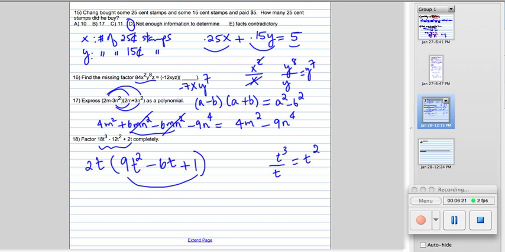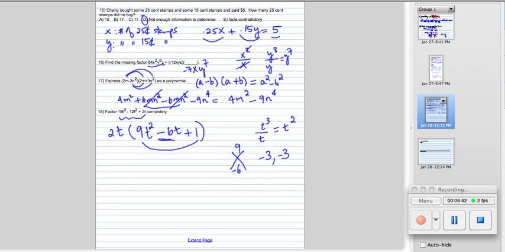So we do 9 times 1, that's 9. And then we are interested in two numbers that multiply to give us 9 and add to give us -6. Those two numbers are -3 and -3.